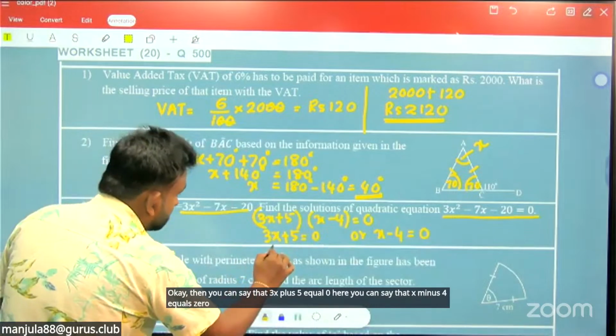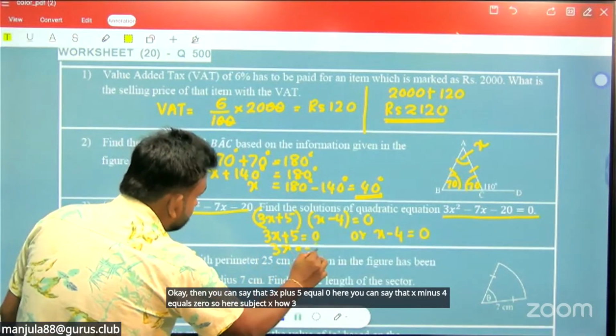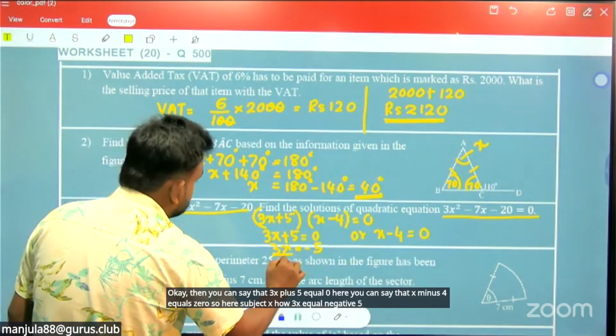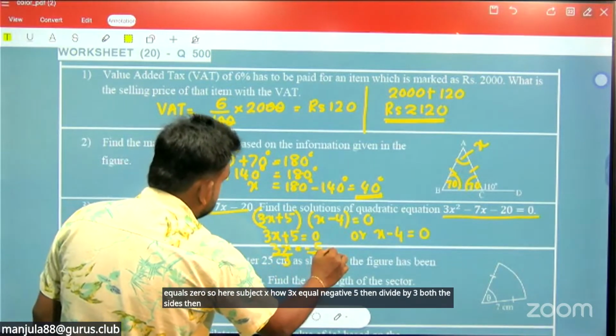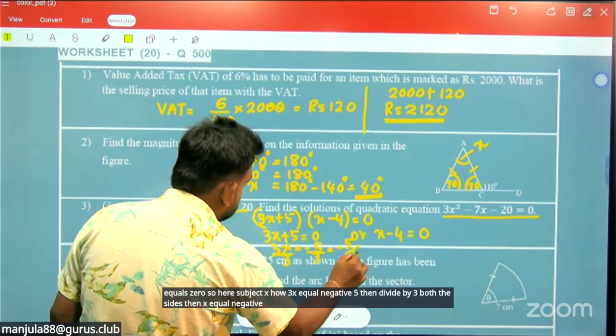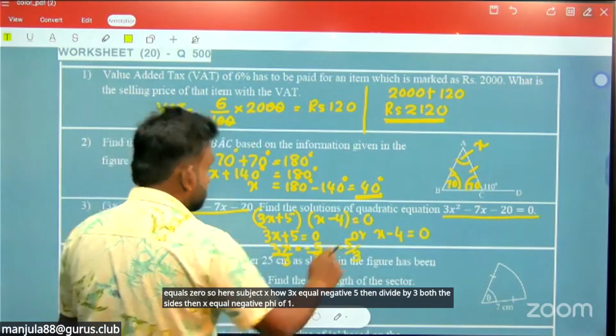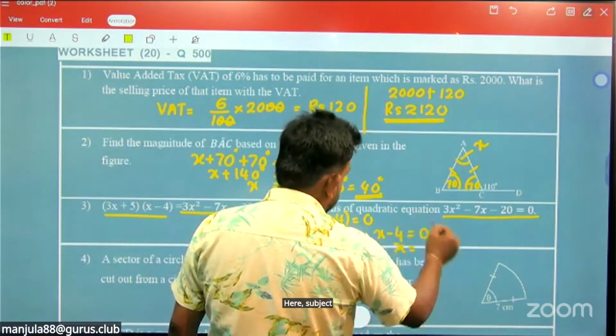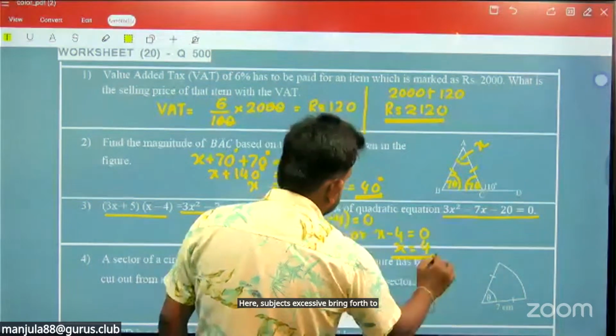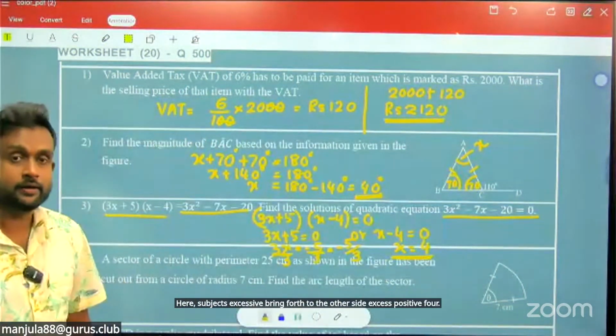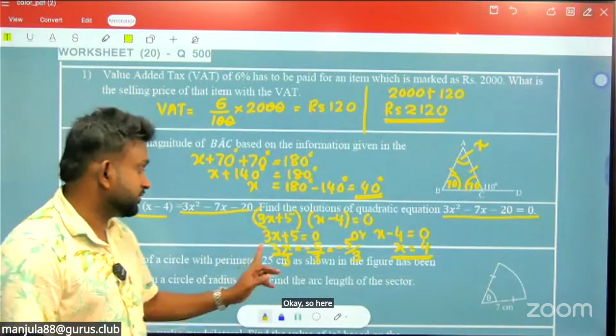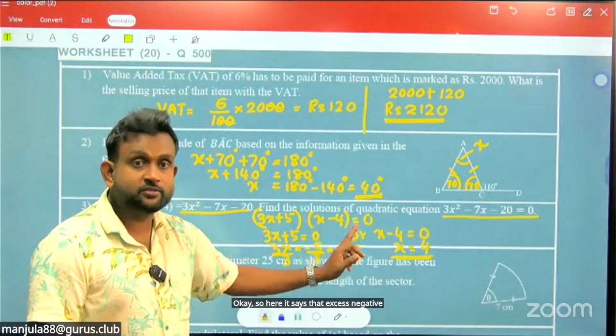Here, making x the subject, 3x equals negative 5, then divide by 3 on both sides, so x equals negative 5 upon 3. Here, bring 4 to the other side, x equals positive 4. So x equals negative 5 upon 3 or x equals positive 4.